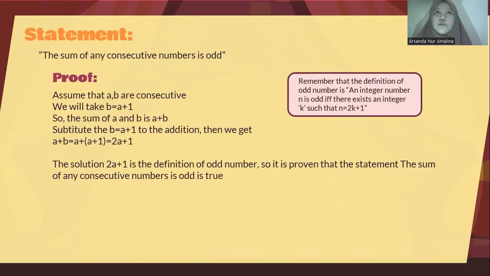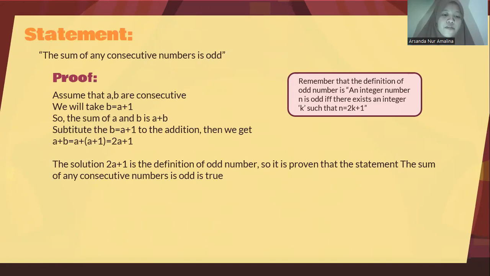You can use any other letters such as C, D or P, Q, but in this case I will use A and B. We take B equal to A plus 1, because if A is less than B and they are consecutive, then B equals A plus 1, which satisfies the statement.